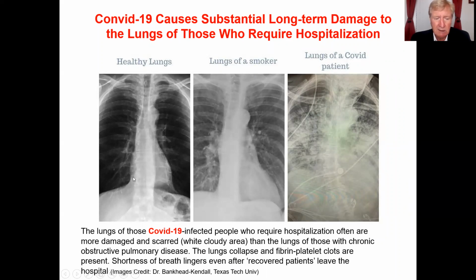What you see is that those who progress from healthy to COPD get scarring and damage. That's cloudy areas, and the lungs collapse. You get fibrin platelet clots that are also present, and shortness of breath lingers even after you leave the hospital. So this is the lungs of one of her COVID-19 patients.